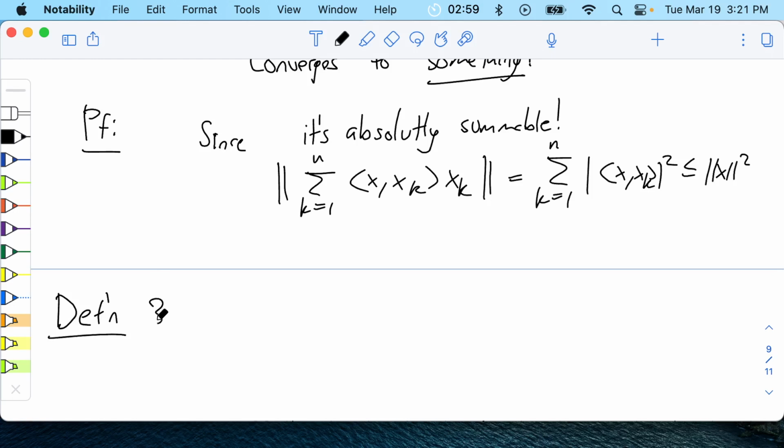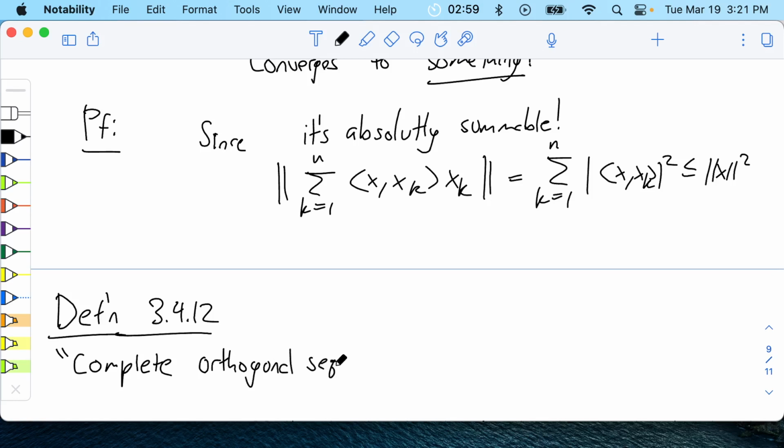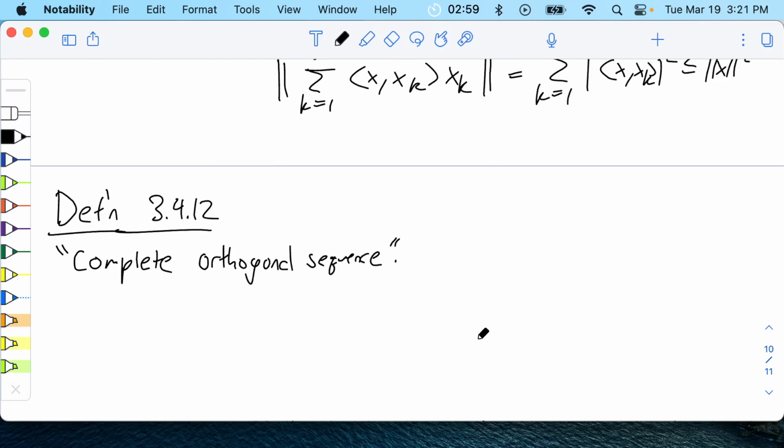Definition 3.4.12, a complete orthogonal system, or let's say sequence. And again, you have to be careful, because the word complete in complete orthogonal sequence is related to, but not exactly the same as, complete meaning every Cauchy sequence converges. So watch out.